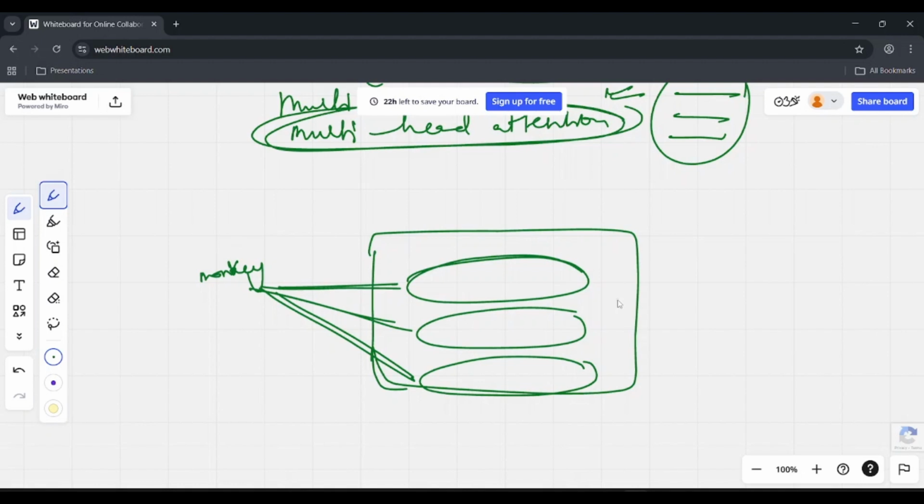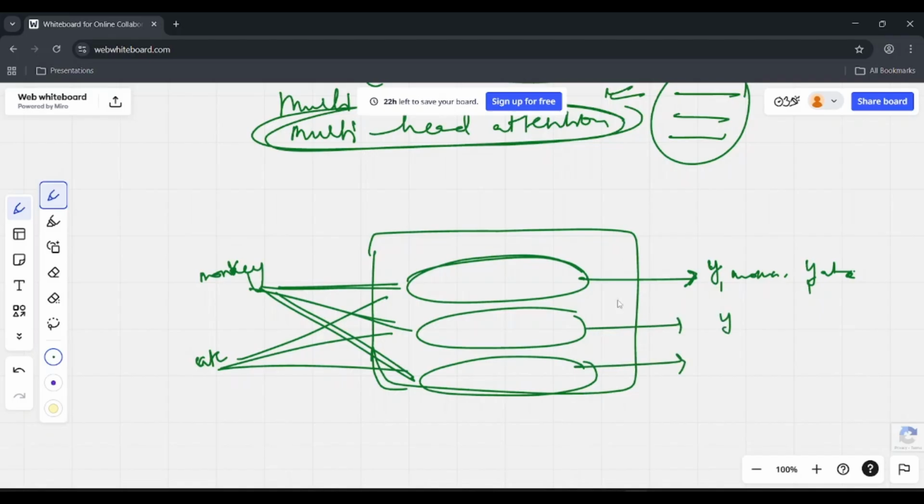Then you will have another word that will go as input, and what you will get as output from this self attention is the task specific contextual embedding of monkey. But that is just one. You have two more heads, so you will get embeddings from there as well. Okay, so this is how it looks.